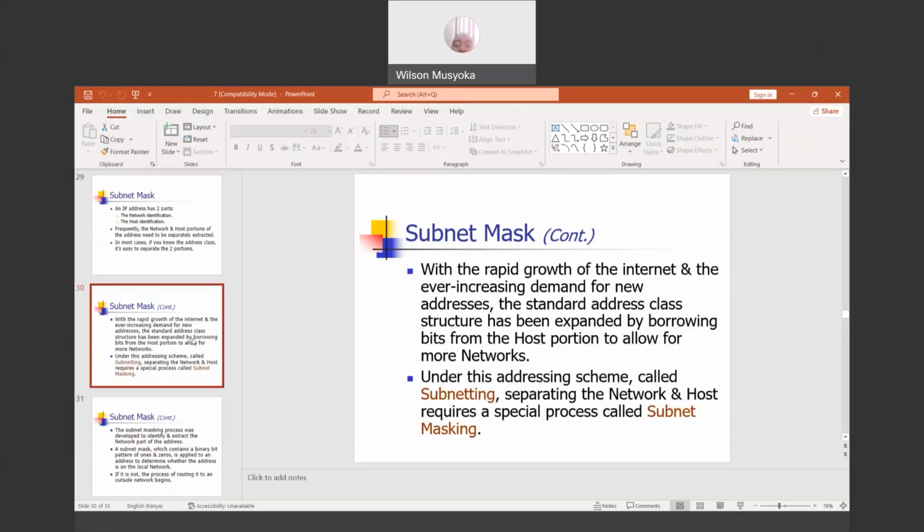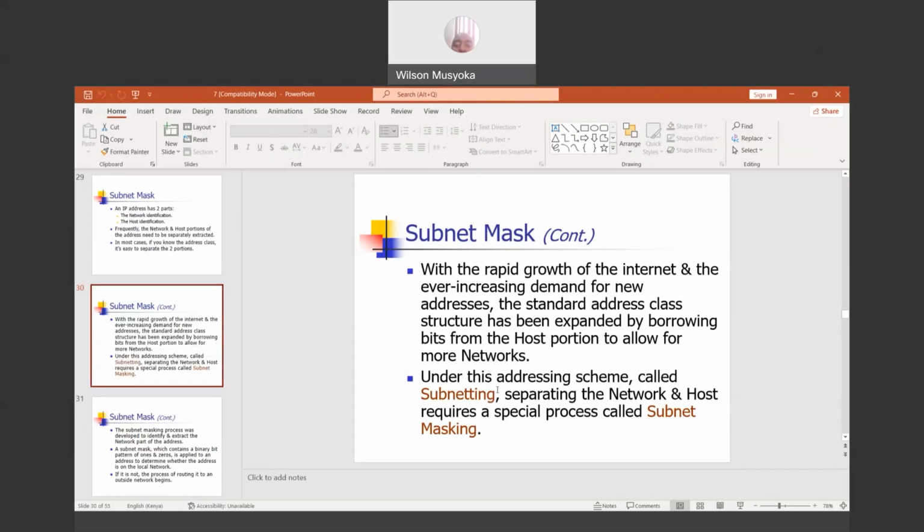If you know the address class, then it is easy to separate the two portions. So, why do we need the subnet? With the rapid growth of the internet and the demand for new addresses increasing, the standard address structure is expanded by borrowing bits from the host portion to allow for more networks.